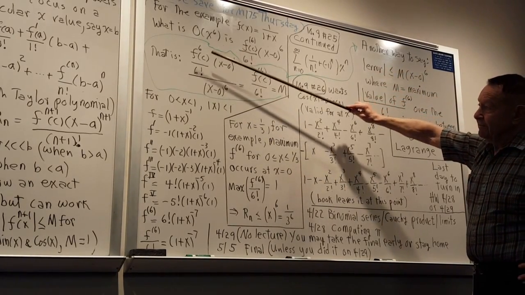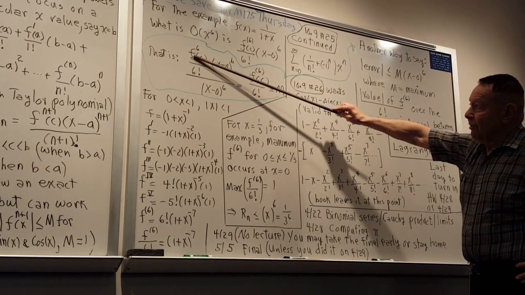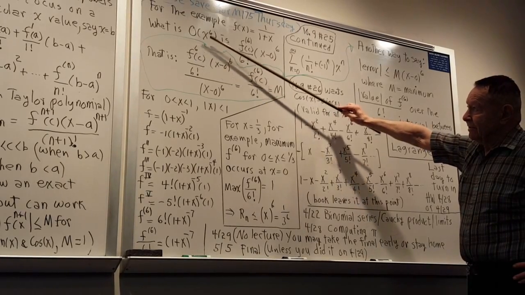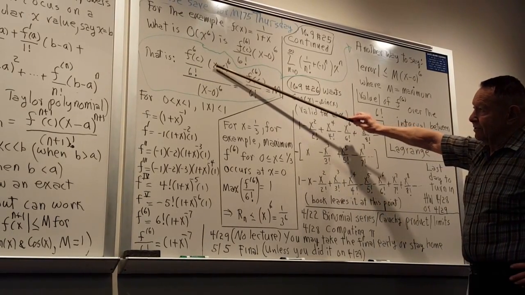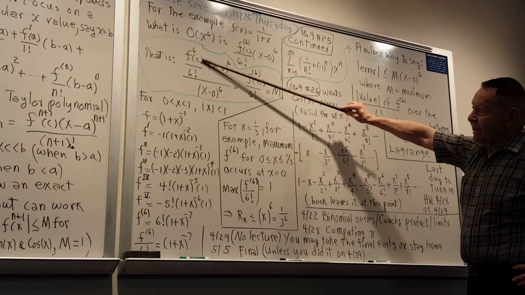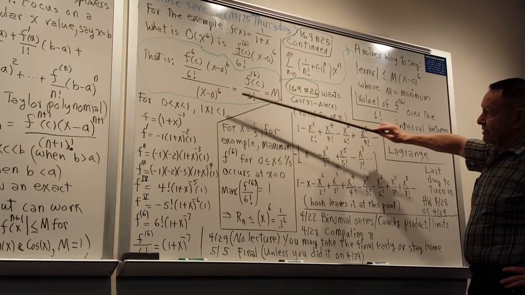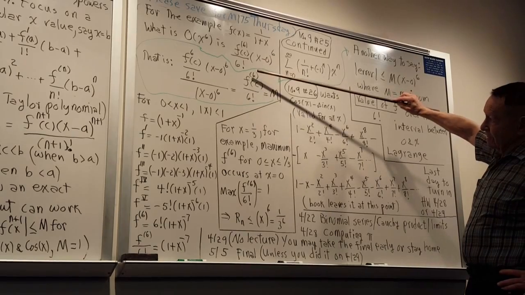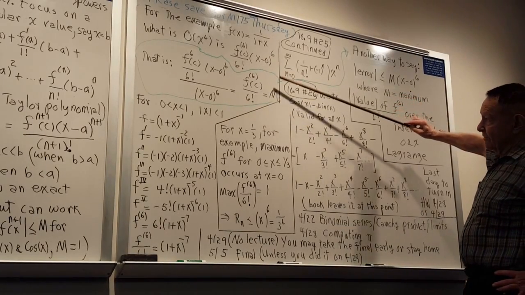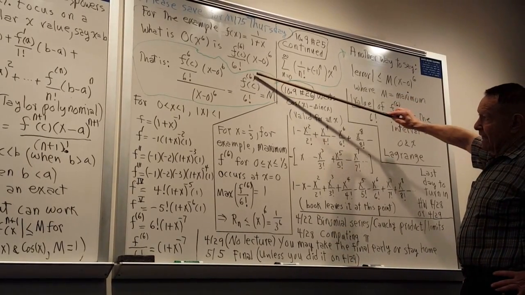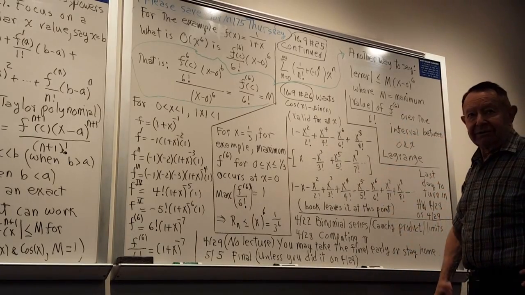So then what's O of x^6 is really the Lagrange formula, meaning that the 6th derivative over 6 factorial is some maximum number, some bound.